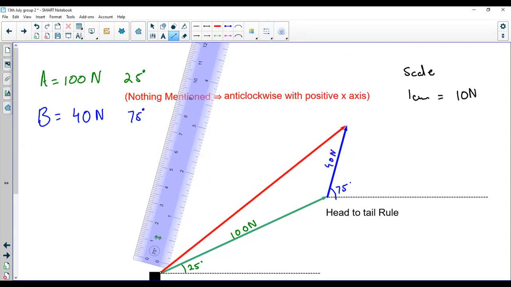So that's the resultant. I call it the resultant vector C. So what's the magnitude? We have the magnitude of A, 100 Newton at an angle of 25. We have vector B, which has a magnitude of 40 Newton at an angle of 75. So that C, which is the resultant of A plus B, what's the magnitude of that?